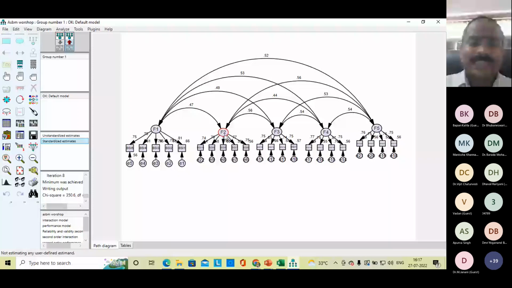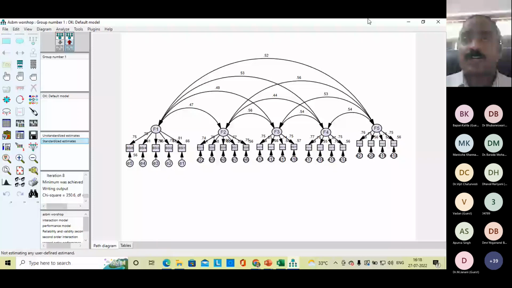How can I give the guarantee that BSI 10 will not come under F3, F4 or F5? If I can prove that exactly BSI 1 to BSI 5 will come under F1, not under F2, F3, F4 or F5, this is what is called construct validity.